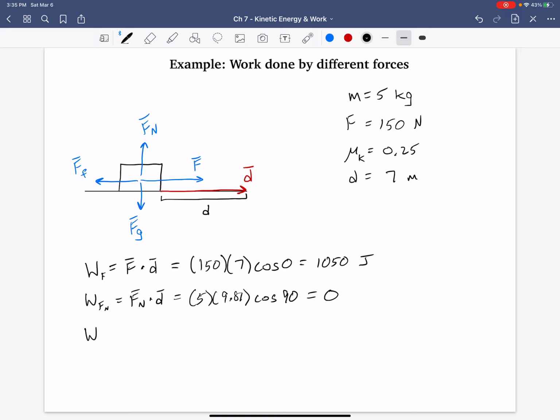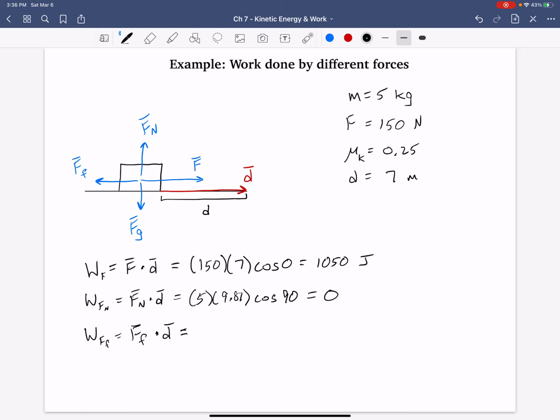Next, let's keep going around. We have the force of friction now. All right. So notice this is directly opposite to displacement. And so this will have to be a negative work done. This will come into play later on in the chapters, okay? This is very important here.